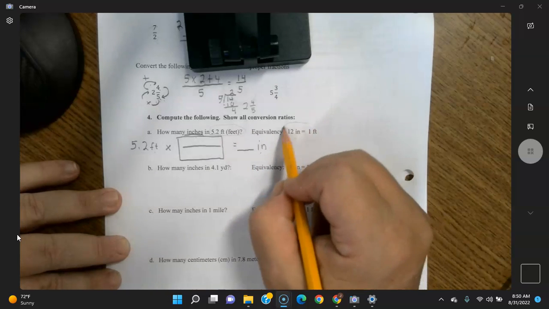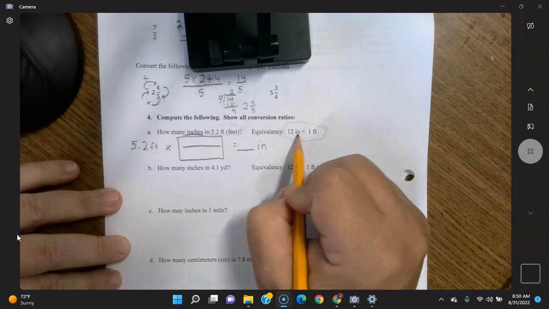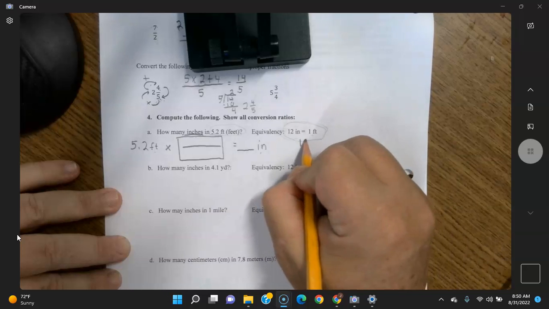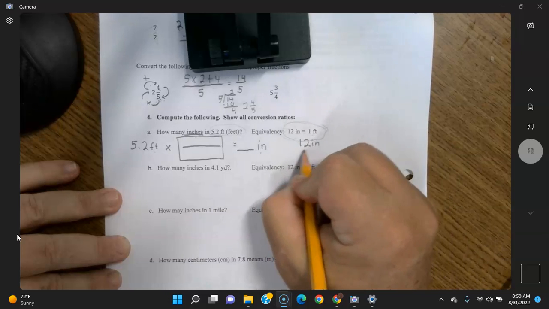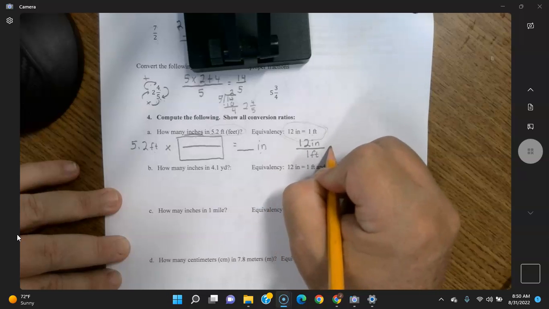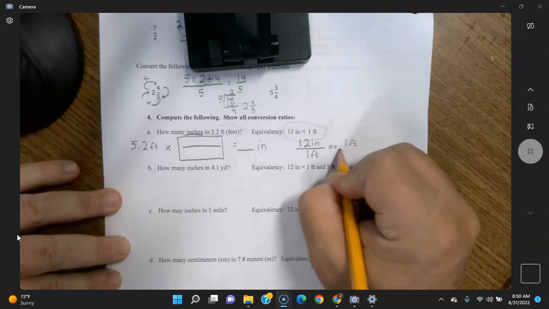You can make 2 conversion factors out of any equivalency. It's real simple. You just take one of them, put it over the other, and then you flip it. So the 2 conversion factors would be 12 inches for every 1 foot, or 1 foot for every 12 inches.